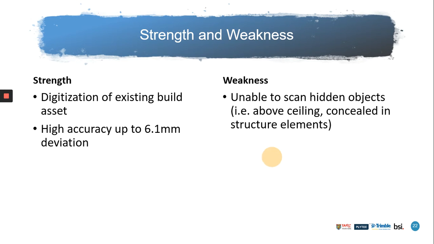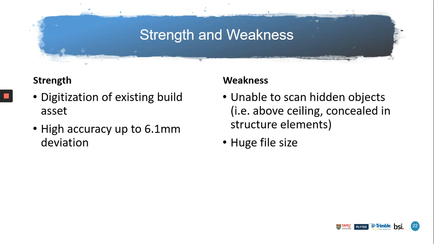Then you have to take a lot of points. It means if you want to scan something hidden behind a wall or a partition in a room, you have to move your scanner to a lot of points.